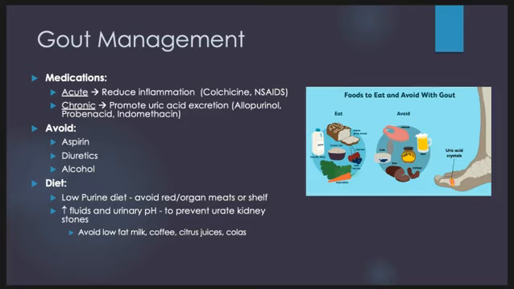Medications to avoid include aspirin, diuretics, and alcohol, because this does increase uric acid levels in the body. And there's also dietary changes or recommendations that patients should follow, including following a low purine diet and increasing fluid intake.